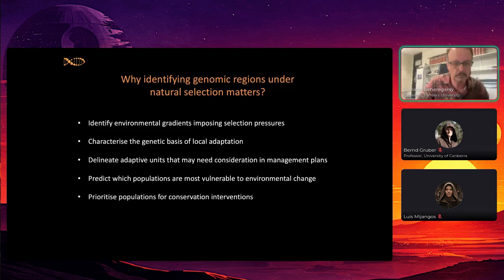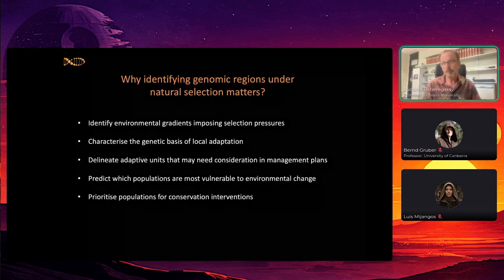And then you can use all this information to prioritize populations for conservation interventions, such as translocations, genetic rescue, captive breeding, to bump up lost adaptive diversity and promote population persistence.